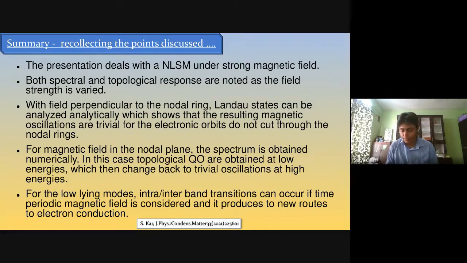We can actually have transfer of electrons from one band to the other, like a Landau-Zener-like transition. That is also another nice thing we can have in these problems if we have an alternating magnetic field, and that can also change the conduction picture of this problem. But that's just future work we can do. Some such work is done here, but many more things can be done from here. So that is pretty much all.